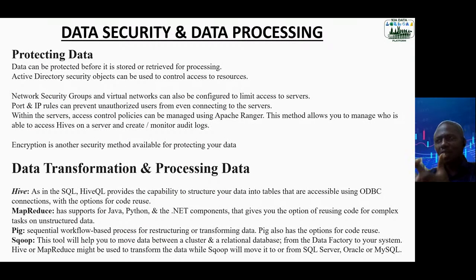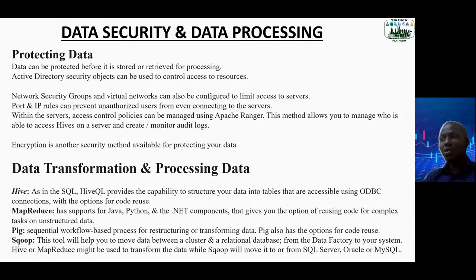Now, what we need to know about data is that we need to consider data security. Yes, we can always use our Active Directory to ensure row-level security so that people don't have access to what their job role does not permit them to do. Okay, so Active Directory is a separate service on its own, but it integrates so well with Azure for our data protection.